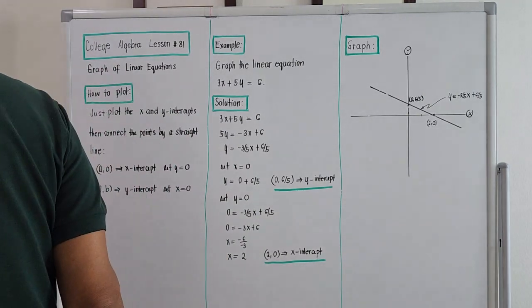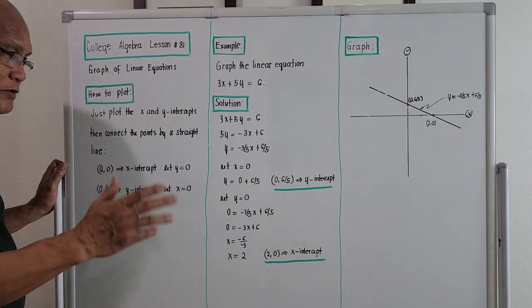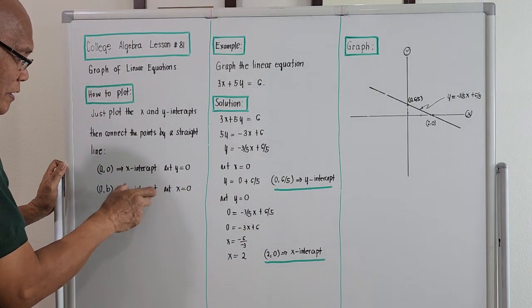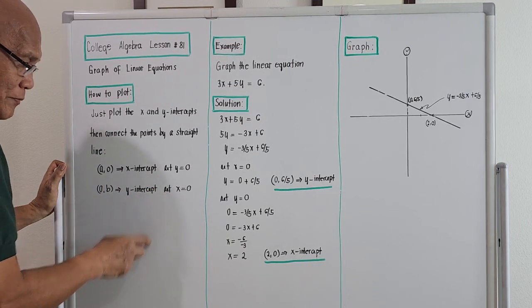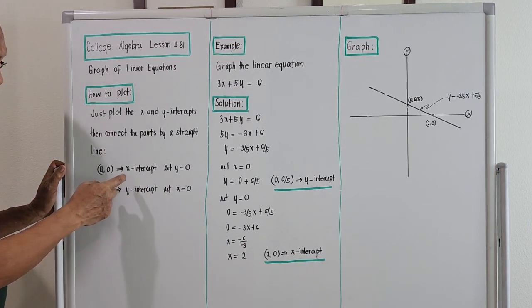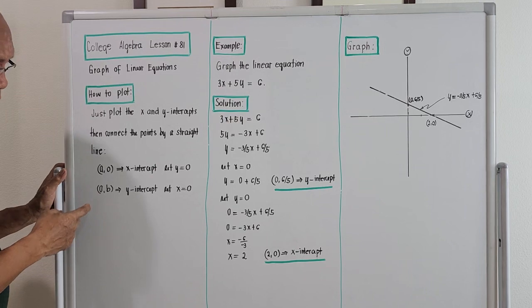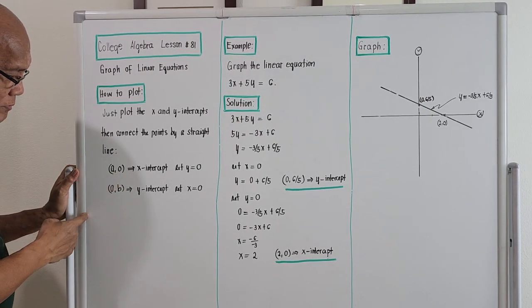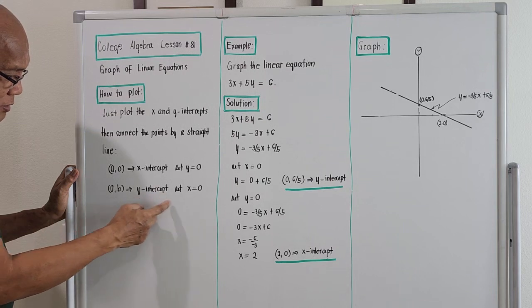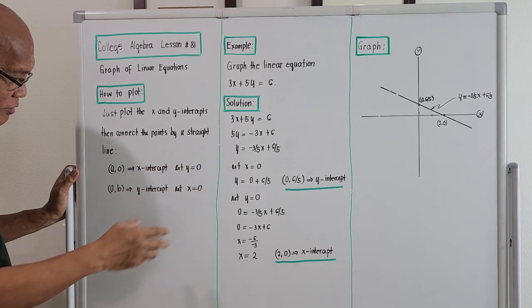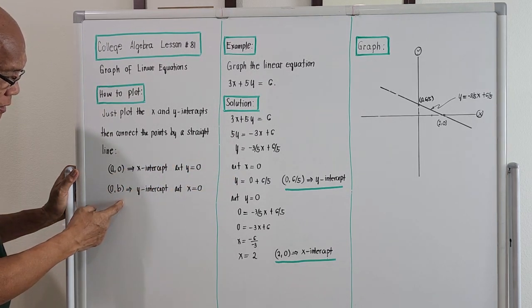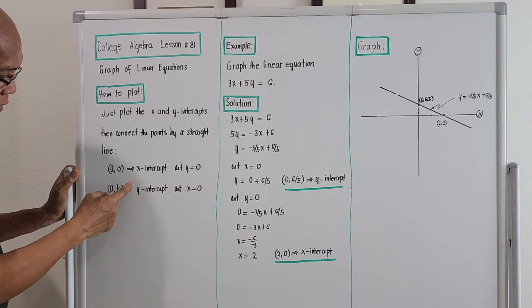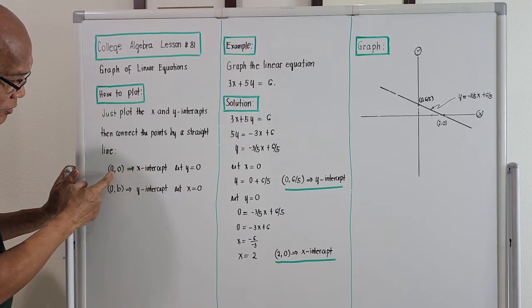Let's try to bring out the concept on how to find the x-intercept and y-intercept. For the x-intercept, the coordinates will be (a, 0). And for the y-intercept, the coordinates will be (0, b). So if you notice, for the x-intercept, there is a value here.